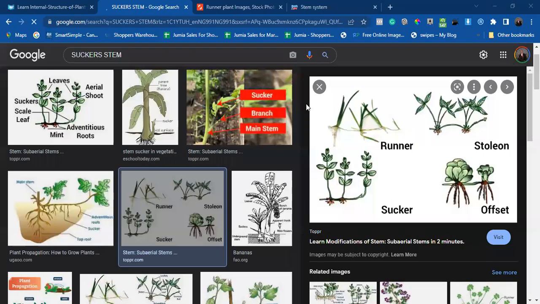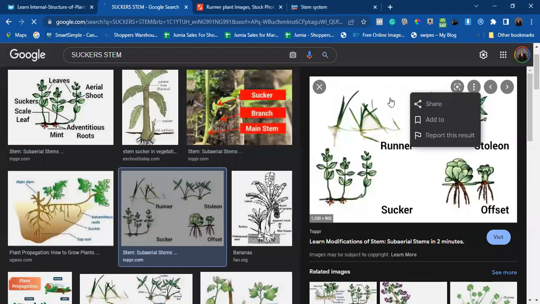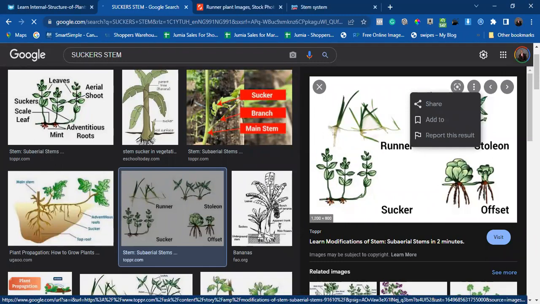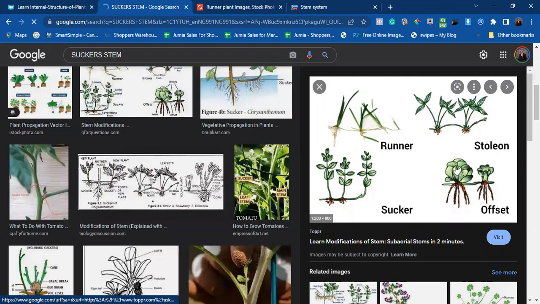Like we were saying, a typical example of what we are talking about.